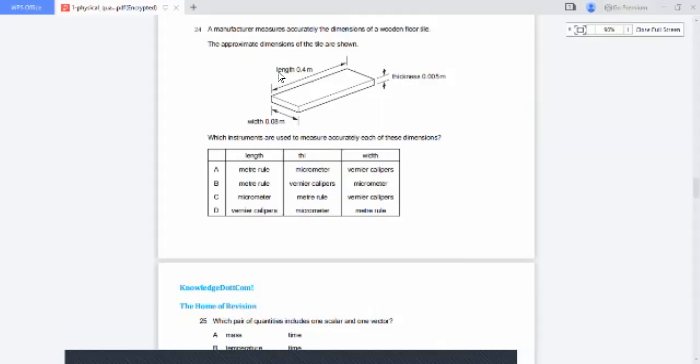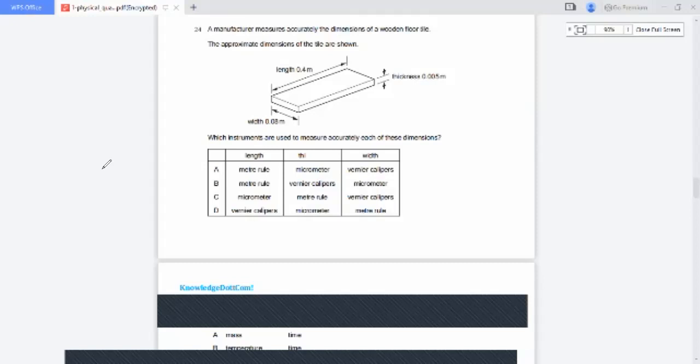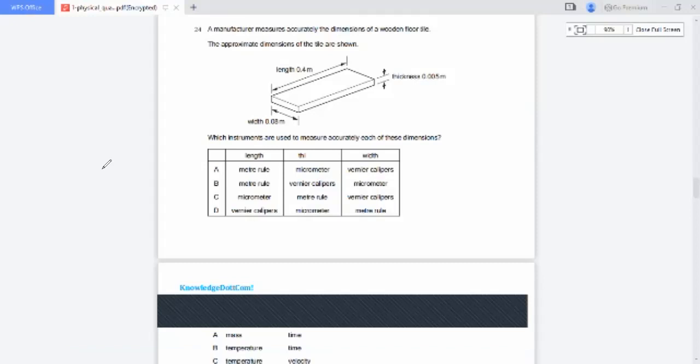So in number 24, a manufacturer measures accurately the dimensions of a wooden floor tile. The approximate dimensions of the tile are shown.